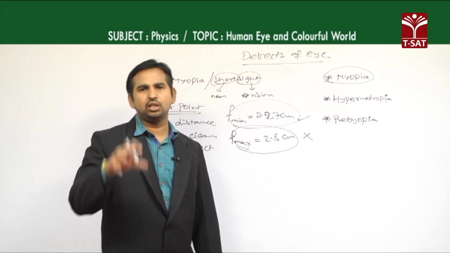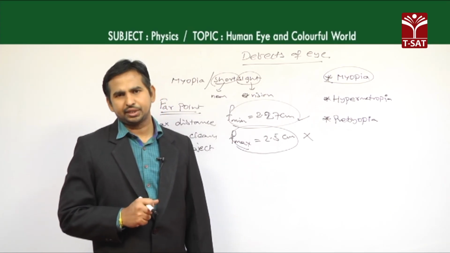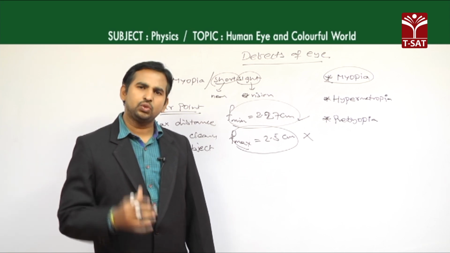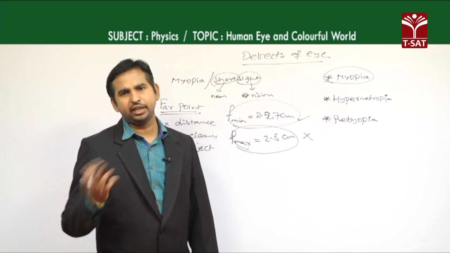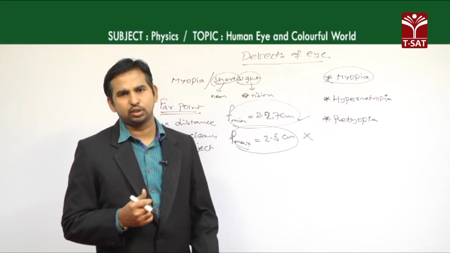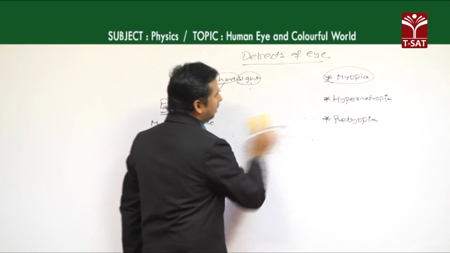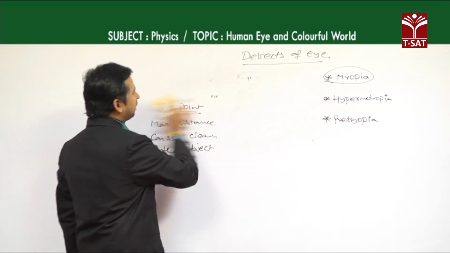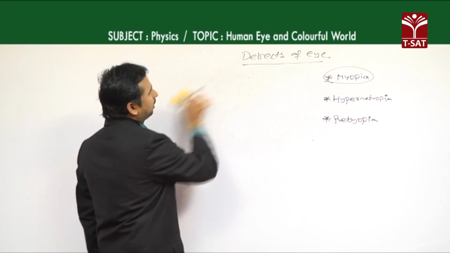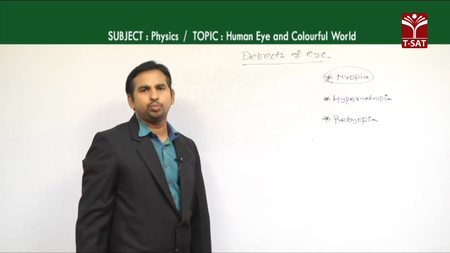When you take an object before a concave lens, it forms an image which is virtual and erect, and very near to the lens. That is why we can see the object very clearly once it is closer to the eye lens. That way we can cure this myopia defect.